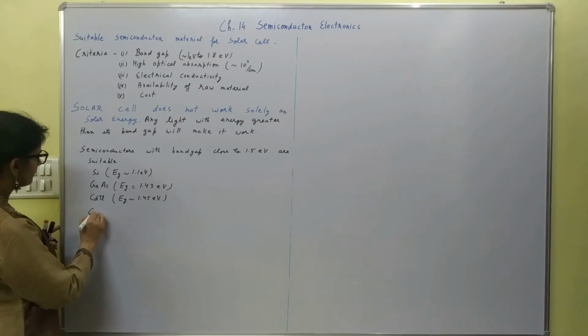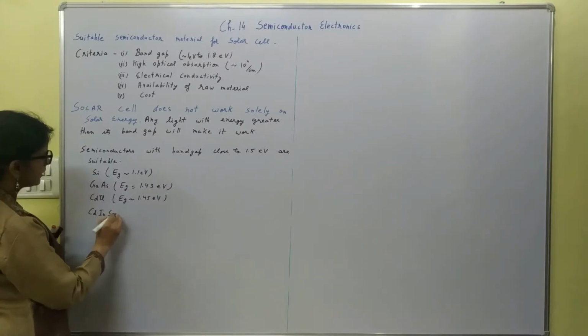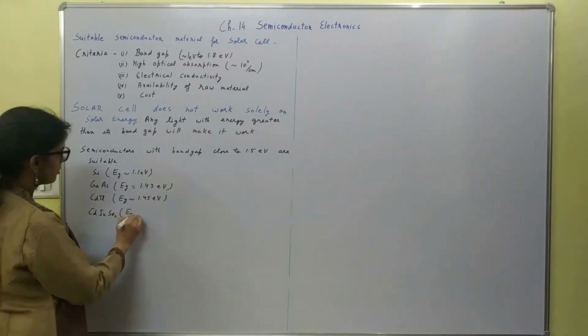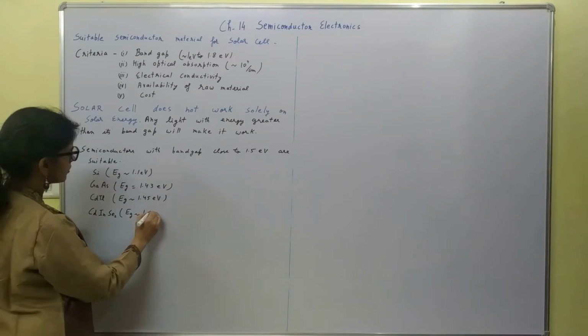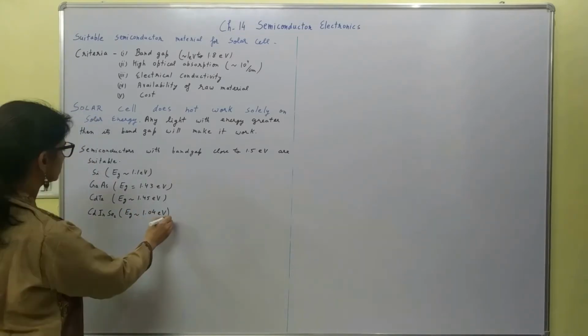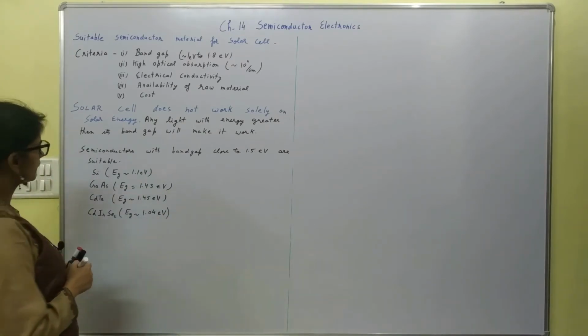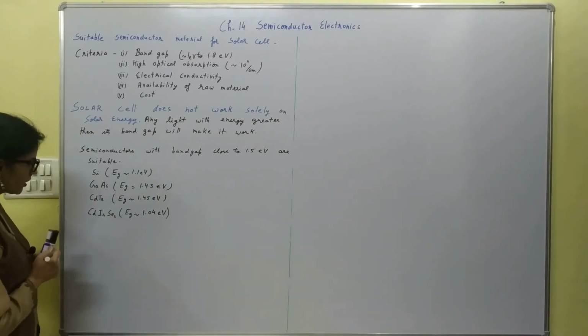Then we have cadmium indium selenide having energy gap of nearly 1.04 electron volt. So these are the common materials which are suitable for making the solar cell.